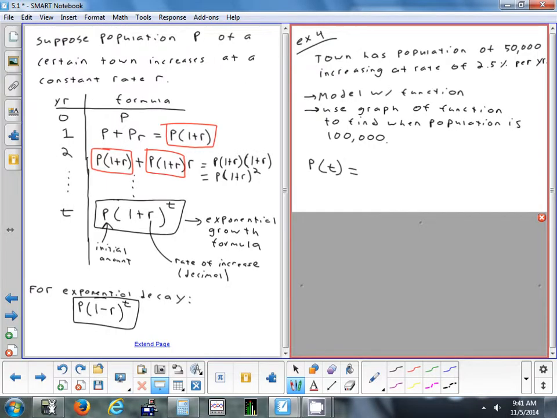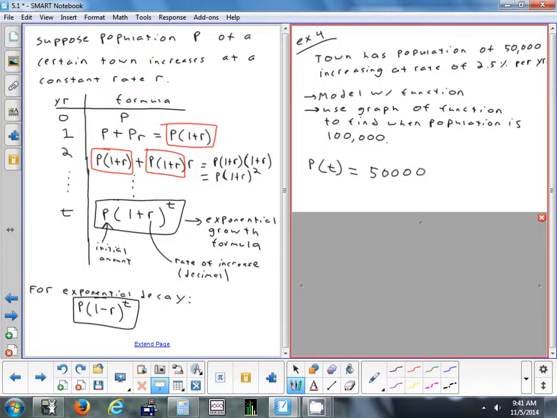Okay, so start out with your initial amount. What's my initial population in this problem? Well, that's our goal. We want to know when it's going to hit 100,000, but it doesn't start at 100,000. 50,000. The town has a population of 50,000.